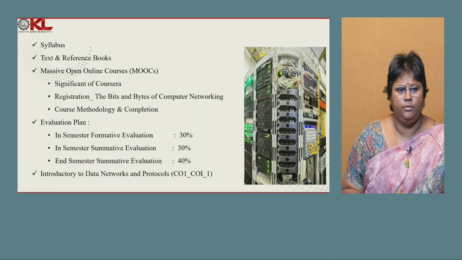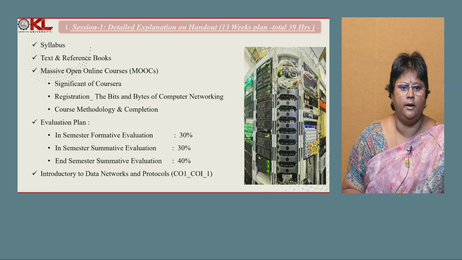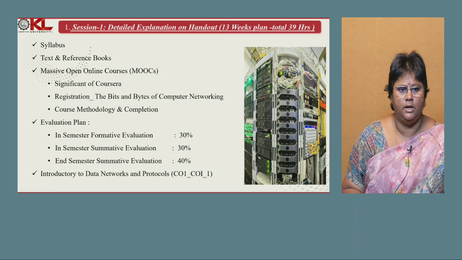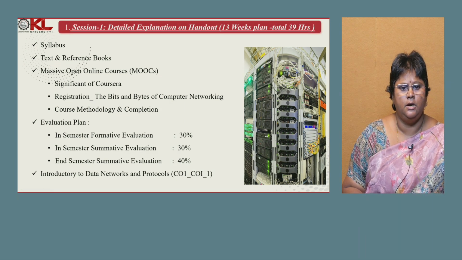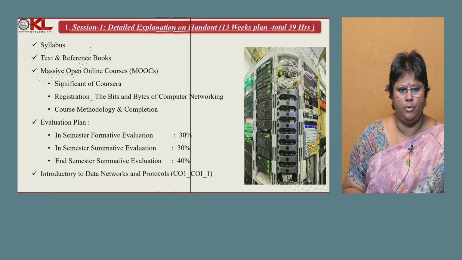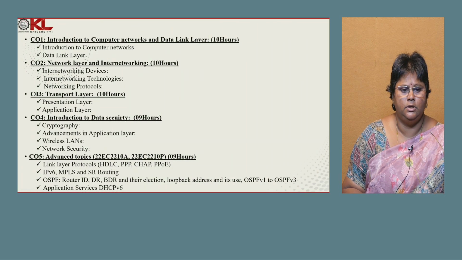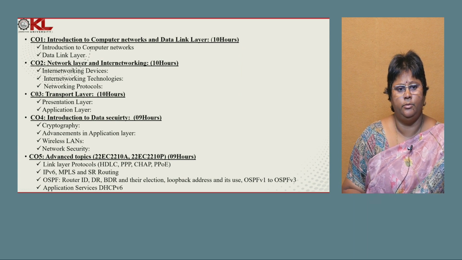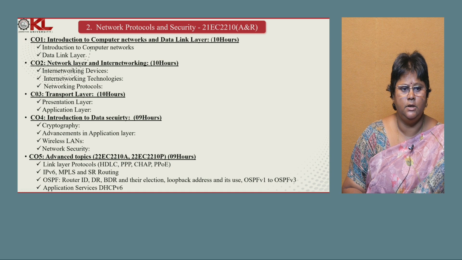As for this course, it has a course handout, a syllabus, textbooks and reference textbooks, MOOCs courses, and an evaluation plan. These are the 5 units covered in your syllabus for advanced and peer mentoring students. CO1 is introduction to computer networks and data link layers.